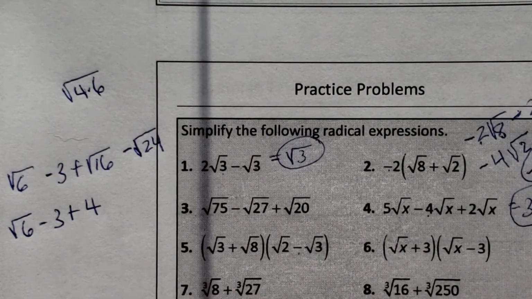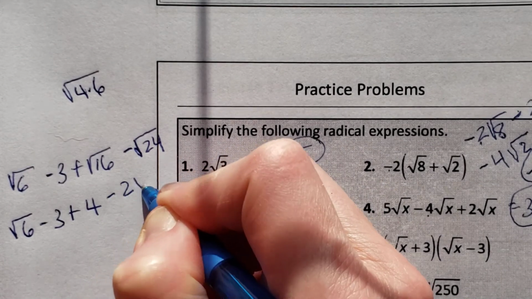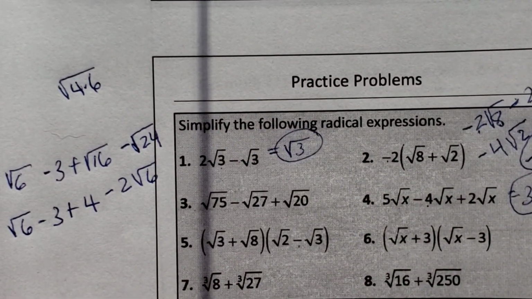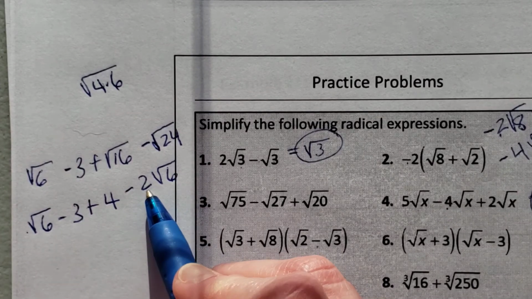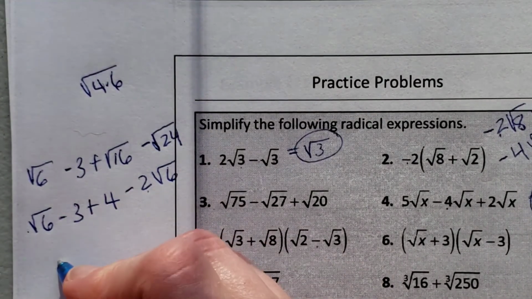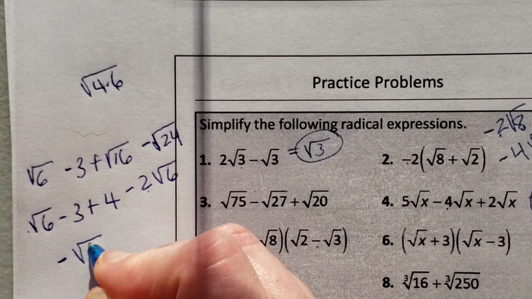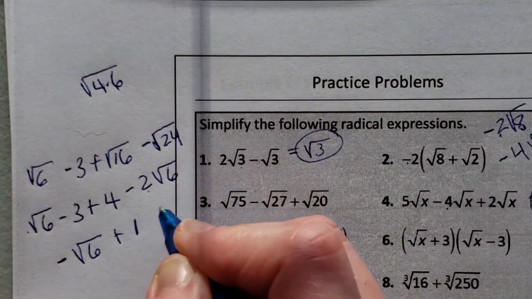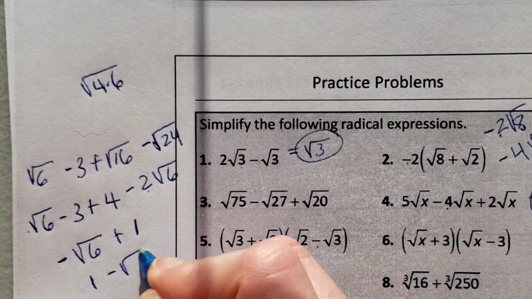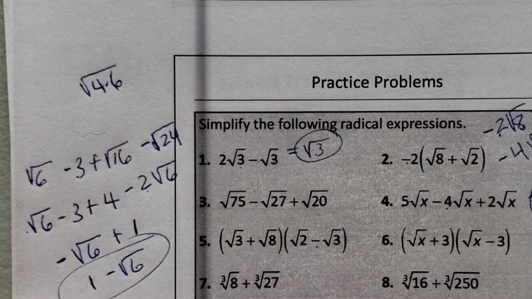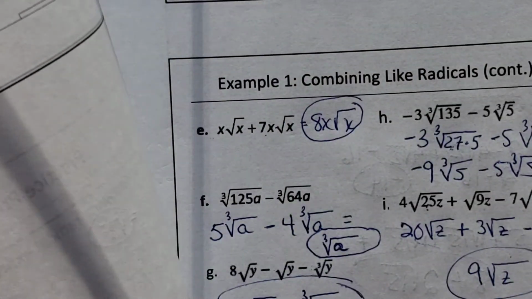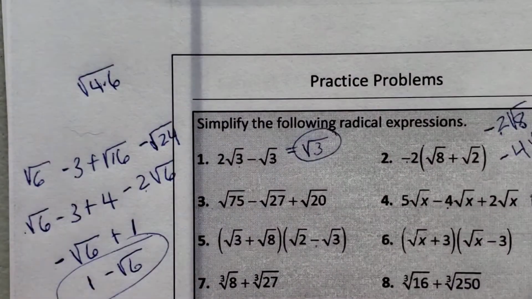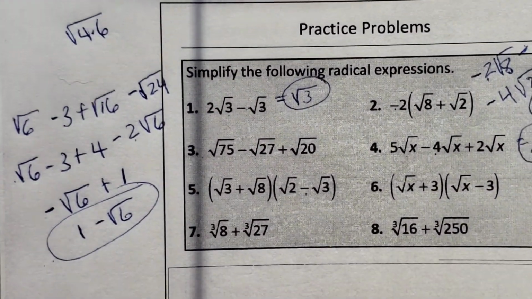So the square root of 4 is 2, giving 2 square roots of 6. So now we have 1 square root of 6 minus 2 square roots of 6, which will be negative 1 square root of 6 plus 1. Or I could write that the other way. And that was for number 5. Yep, 1 minus square root of 6. Okay.